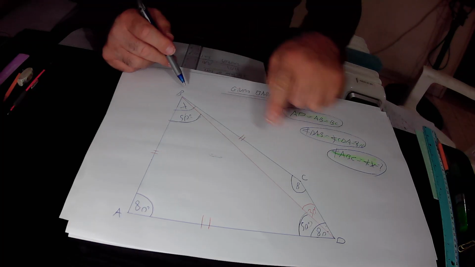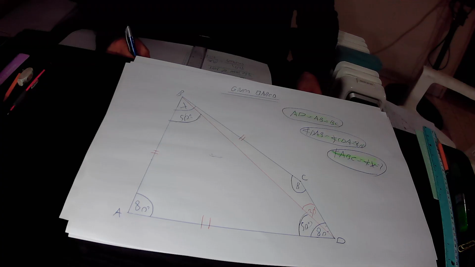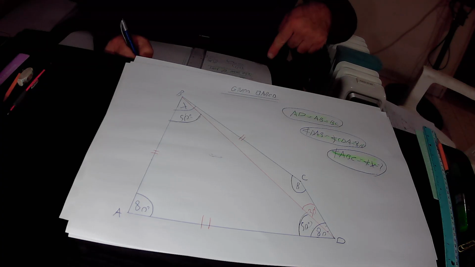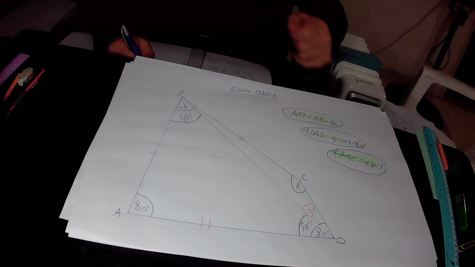So we have BD. BD is the missing side, so we leave it as it is, over sine 80 degrees. Sine 80 degrees is sine 2 times 40 degrees.